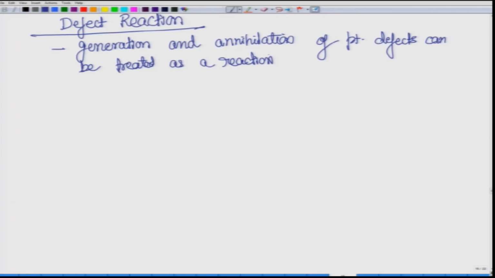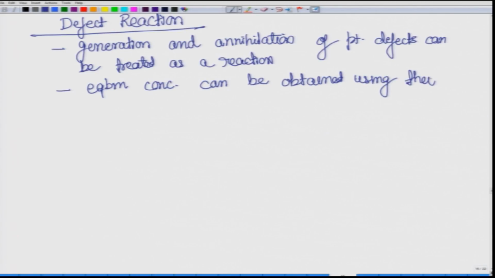Now that it is a reaction, equilibrium concentration can be obtained using thermodynamics of chemical reaction.